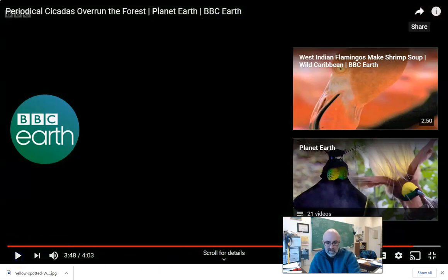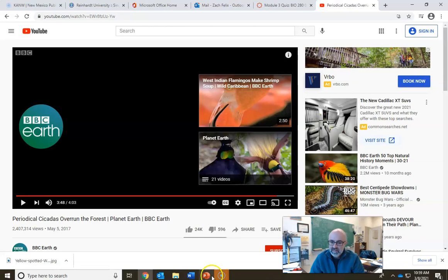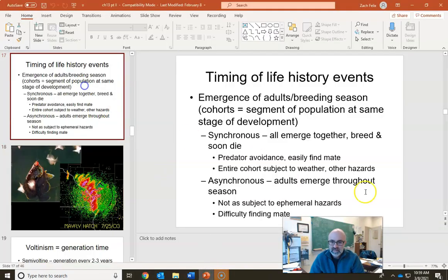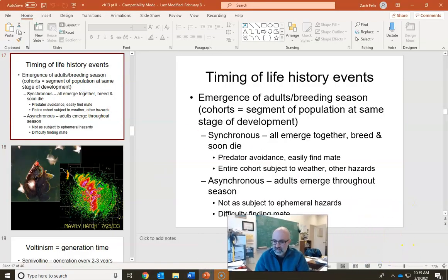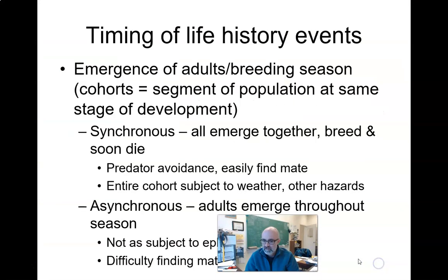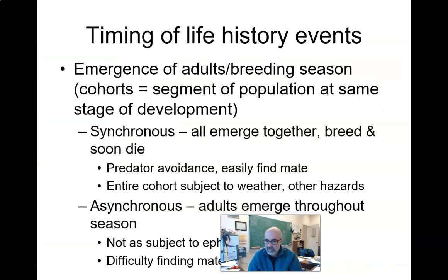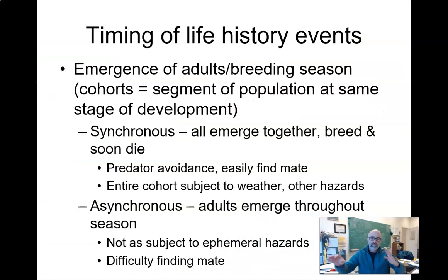So that's one approach, right? En masse, every 17 years, emerge and breed. It's a long time to wait, but if you think about the predator avoidance issues, if you're 1 in a billion, the chances of you being eaten are pretty slim. Predators don't predict this emergence, so they don't have more babies in anticipation.